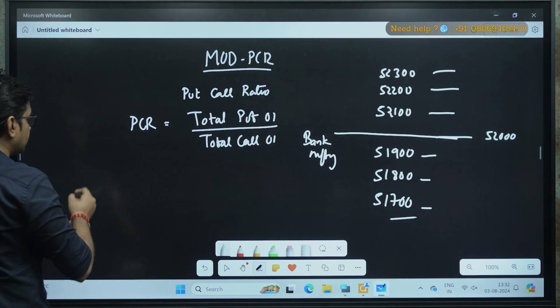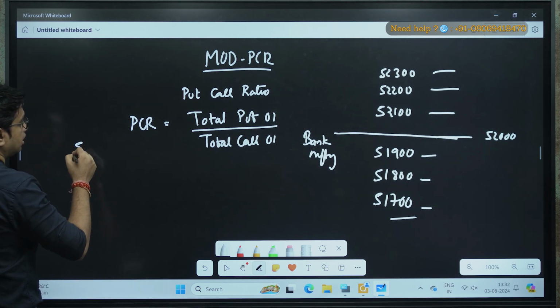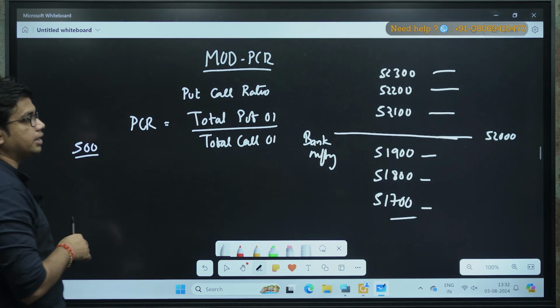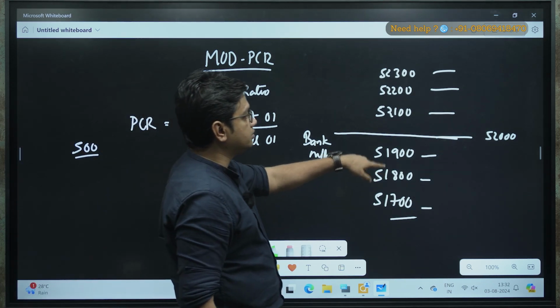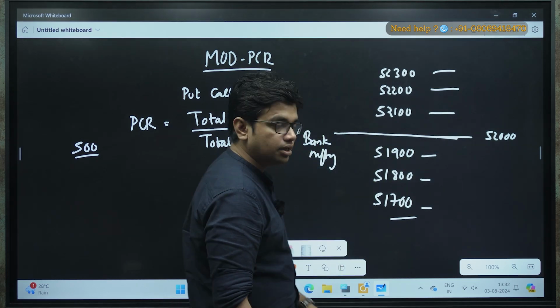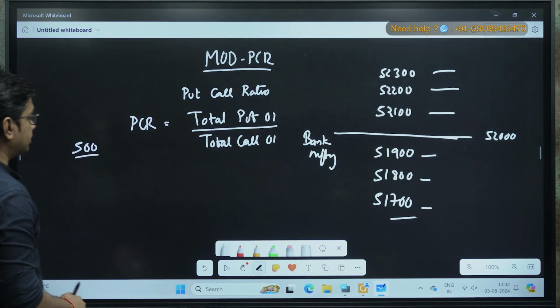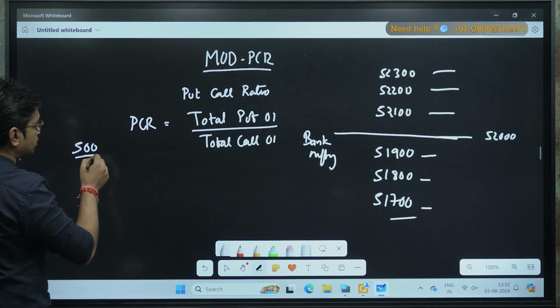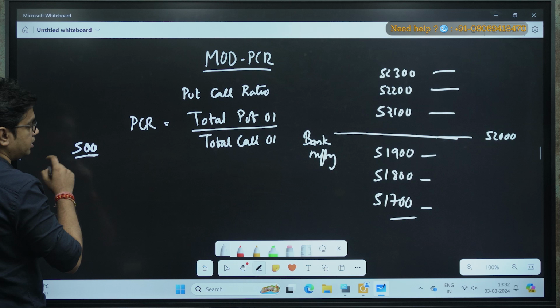Let's just say the put writers sold a put option at 500. Let's say the market is highly volatile, it moved in a zigzag motion, but in 2 days it again came back to 52,000. Will the price of the put option be the same 500?